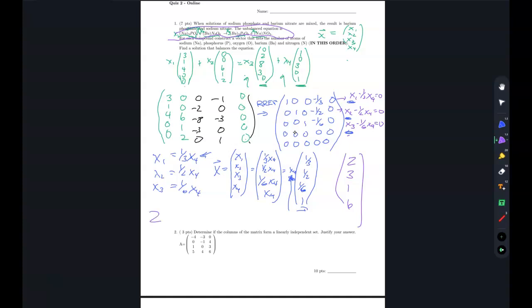You would have 2 in front of the first element, the Na3PO4, and then you would have the number 3 in front of the second element. And I'm just going to run out of room. And so it'll be 1 in front of this third element, and then 6 in front of this next element. Okay, so that's the first one. And so the answer truly is this balanced equation. I just ran out of room.